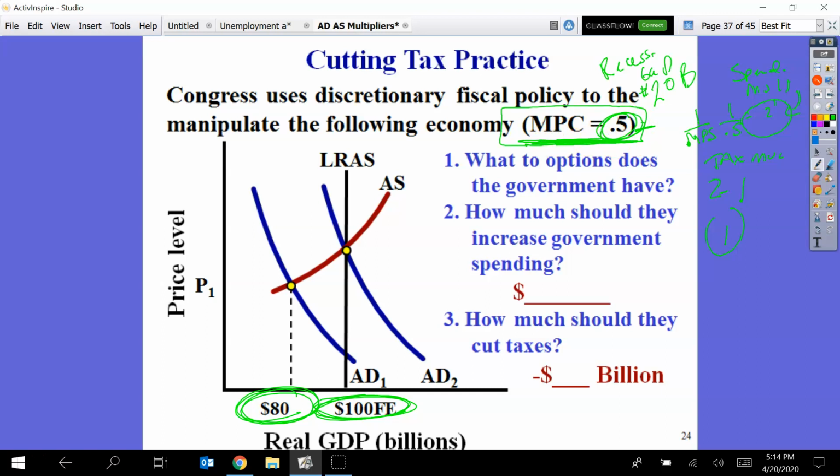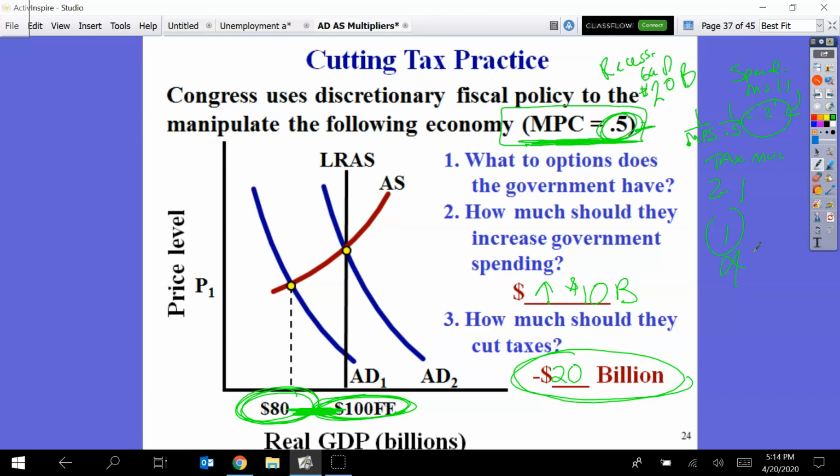So if you want to increase government spending, you would increase government spending by $10 billion, and that multiplied by 2 would get you $20 billion of increased GDP, or aggregate demand, consumer spending. If you cut taxes, you have to cut them $20 billion, because half of it, $10 billion, will go right in the bank, and then you could apply, again, that multiplier of 2 to the rest. But the easiest thing to do, guys, is just take the tax cut multiplied by the tax multiplier.